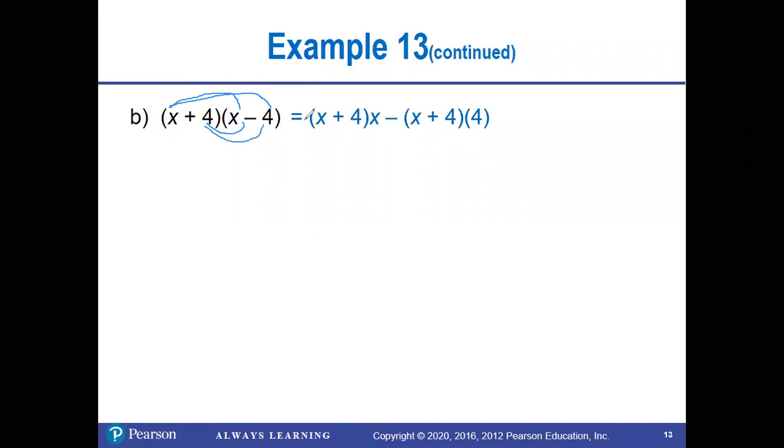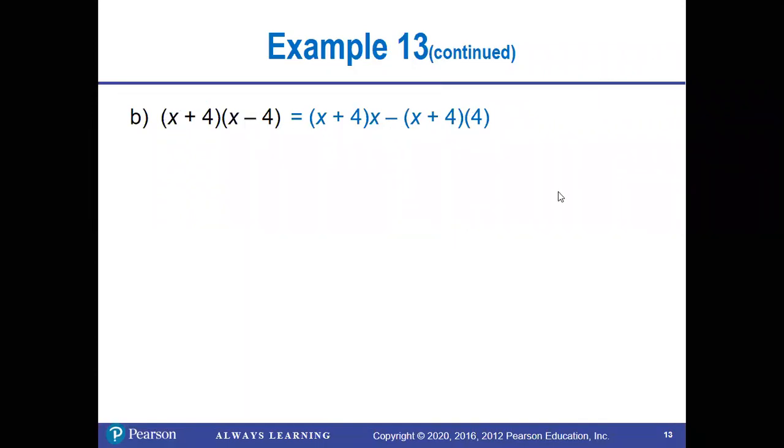Now what they did is they went the opposite direction, which is also the same thing. They went this x times both of these, and then they went the -4 times both of these. You got this, okay? So it does work two different ways.